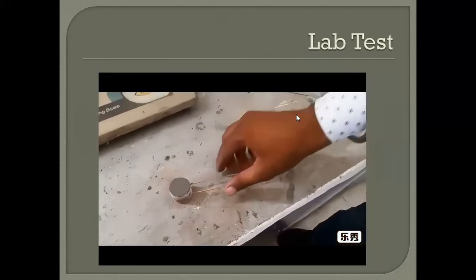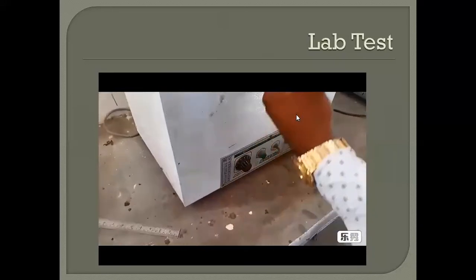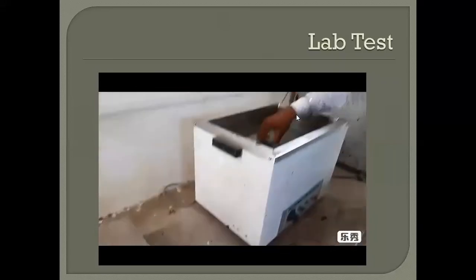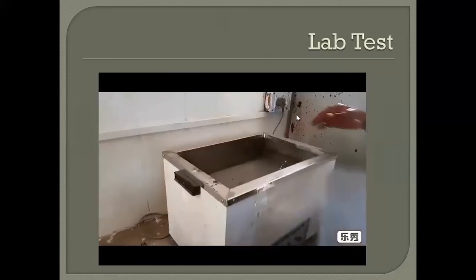Now we need to put this sample into the water bath for 2 to 3 hours at the boiling temperature of 100 degrees centigrade.